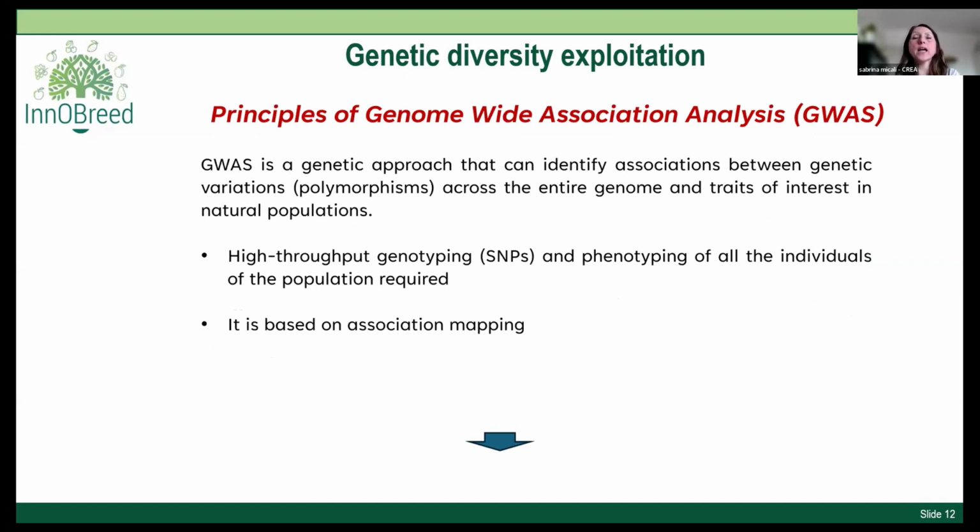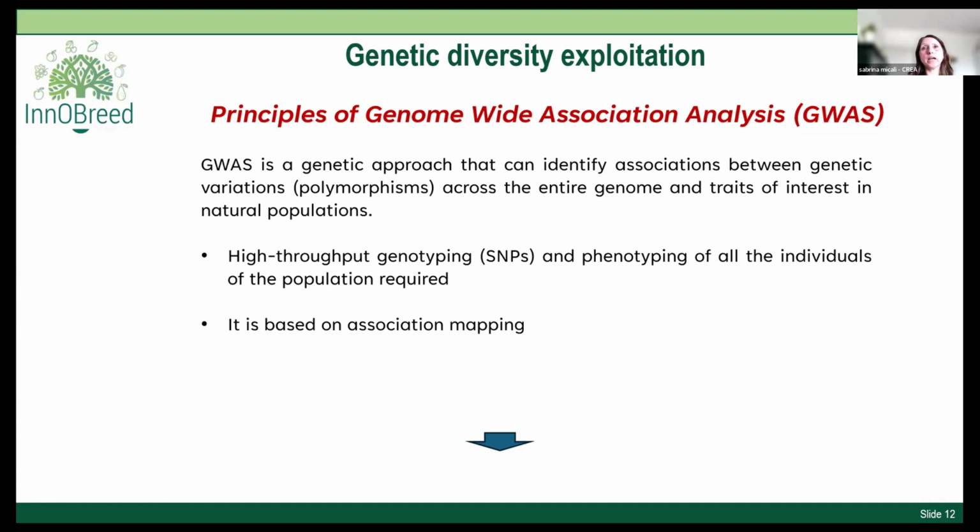In this case, I will give you some principles of the genome-wide association analysis approach. GWAS is a genetic approach that can identify association between genetic variations, so polymorphism, across the entire genome and the traits of interest in natural populations.